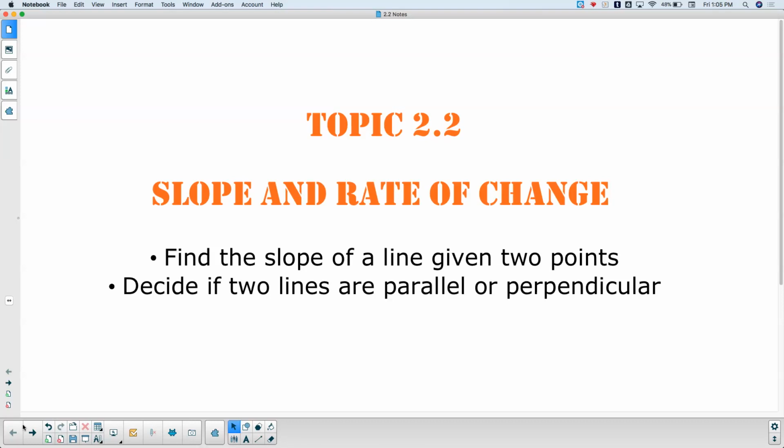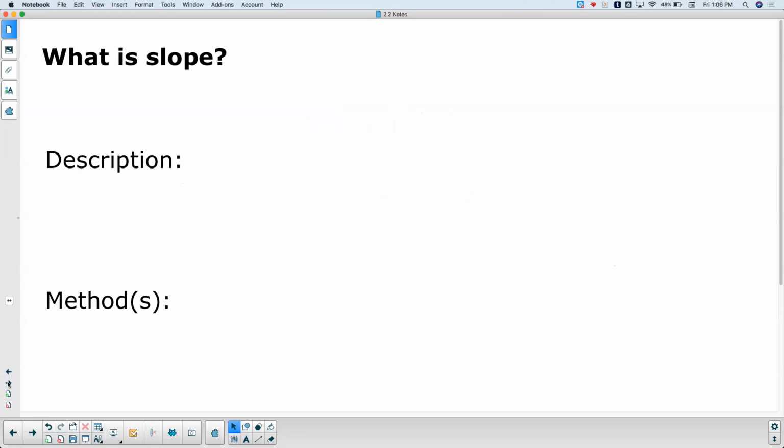Okay? So today, topic 2.2, we're going to talk about slopes and rates of change. So what I would like you to do is find somebody next to you, and I would like you to do two things. First, tell that other person what you think slope is.